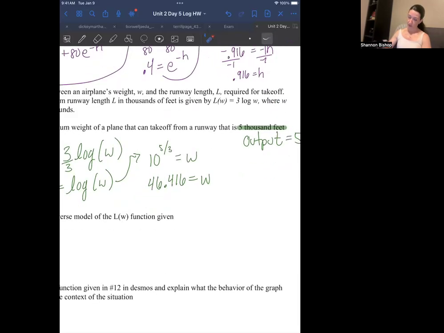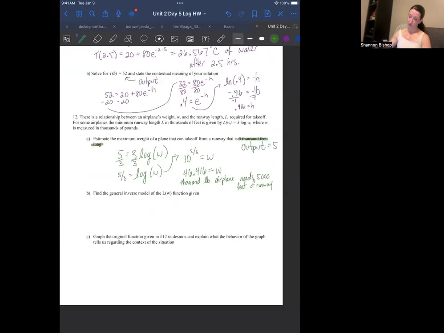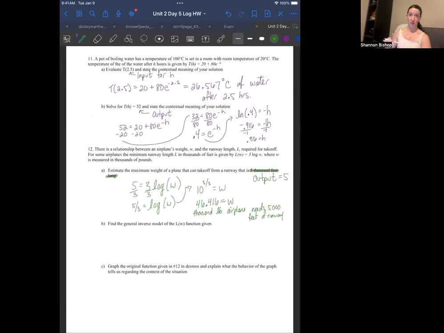So it's a 46.416 thousand pound airplane that needs 5,000 feet of runway. That was what the 5 stood for. The output of 5 was 5,000 feet of runway.